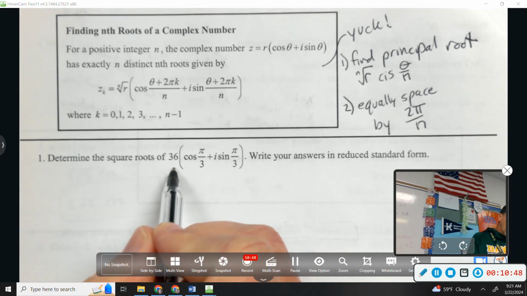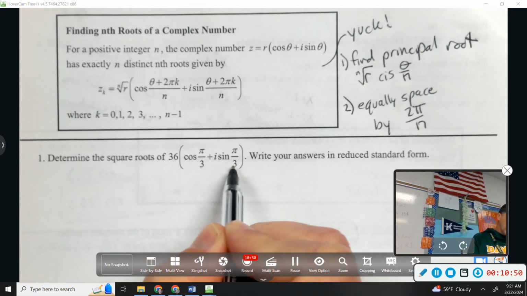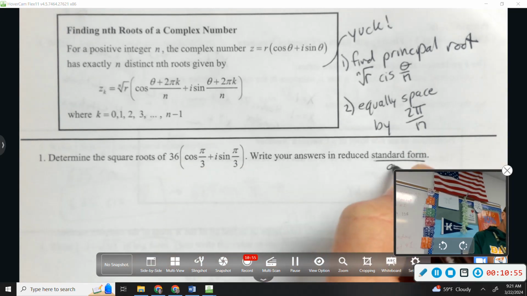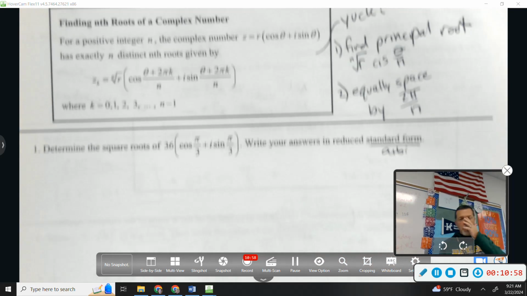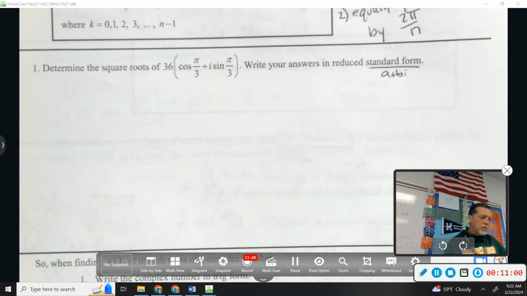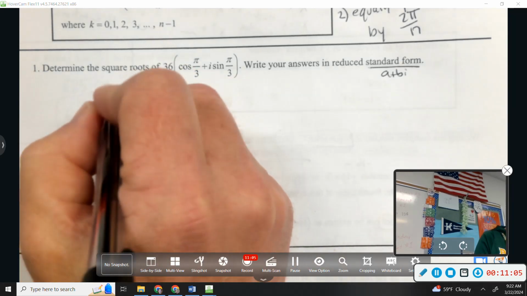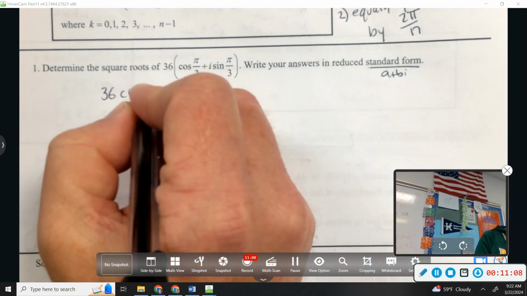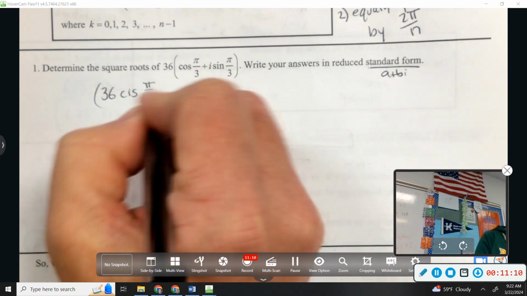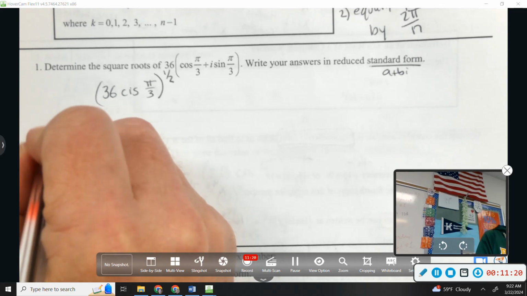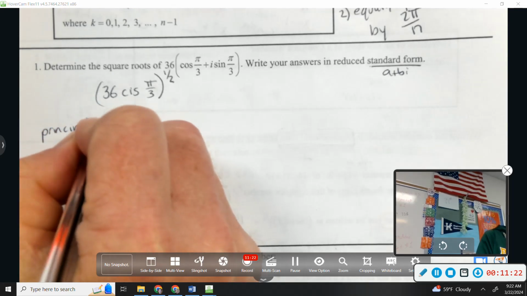Determine the square roots of 36 cosine pi over 3 plus i sine pi over 3. Write your answer in standard form. Okay, so after we equally space everything, we'll have to put them back in a plus bi form, but we'll worry about that later. So the square roots of 36 cis pi over 3. So 36 cis pi over 3 to the 1/2. The principal root's the first one, the easy one.